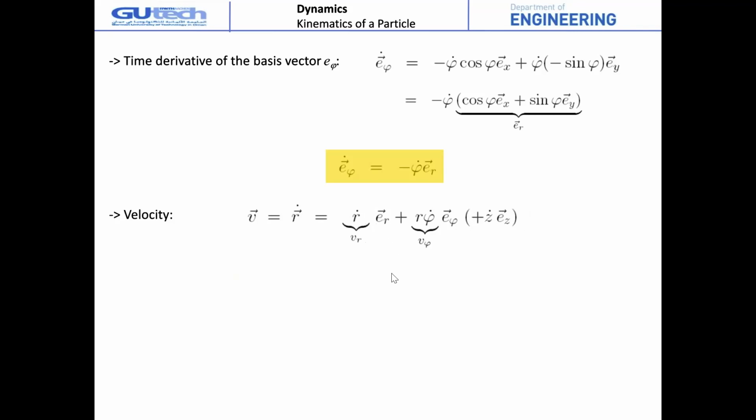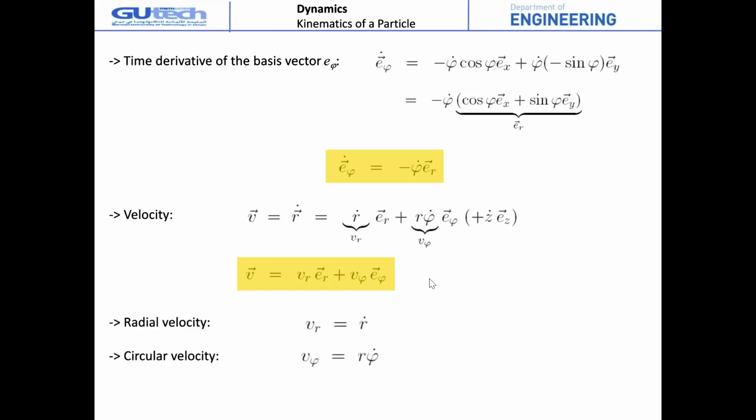R dot is only for r, and r phi dot is the velocity along the circular path, or circumferential direction. The radial velocity is r dot.